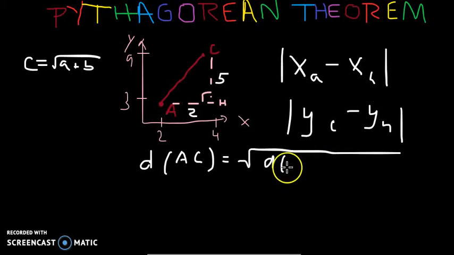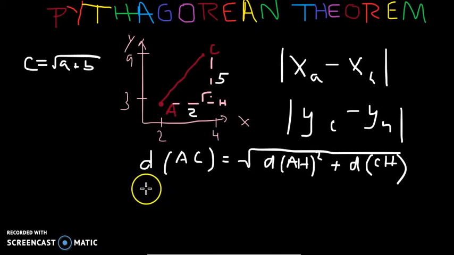So we'll say the distance between A and H, and I'll just put the square right here. We're going to end up taking the square root either way. Plus, well, we have our other leg, the distance between C and H. And then we can actually define that with what we have above.